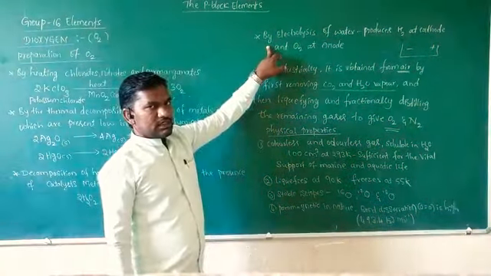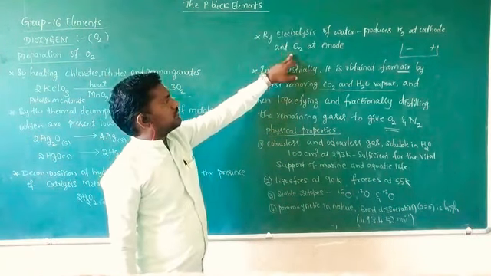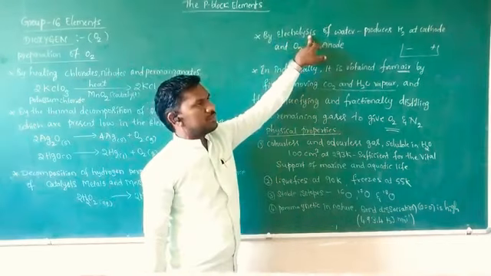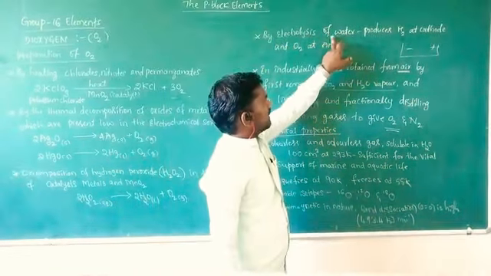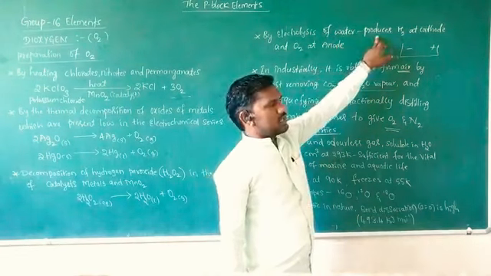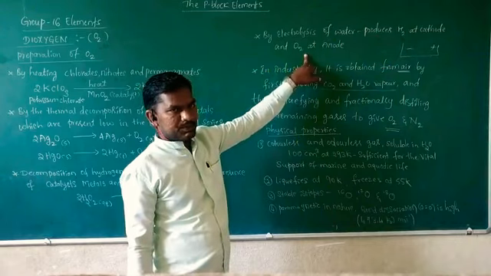And a very familiar example for the preparation of oxygen is the electrolysis process, where electrolysis of water produces H2 at the cathode and O2 at the anode.